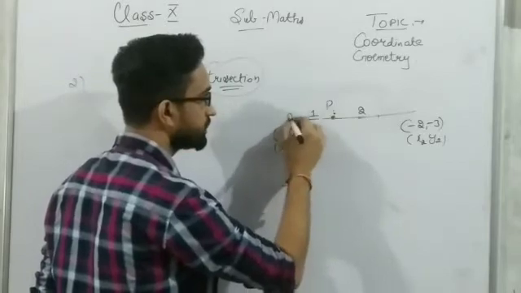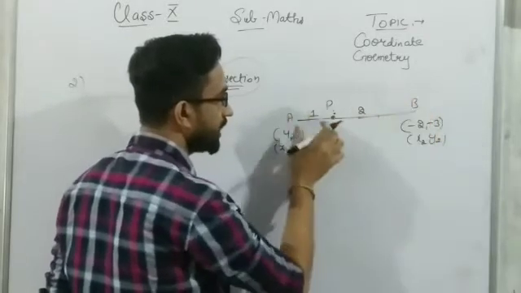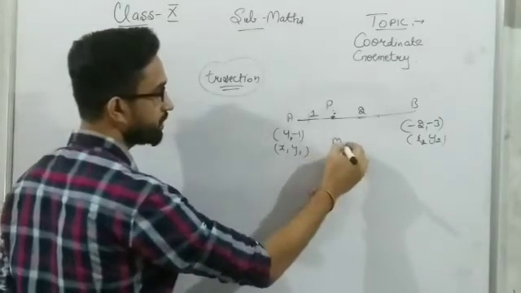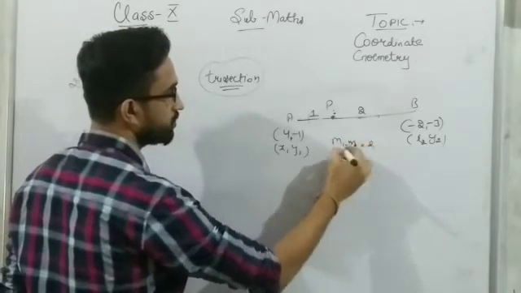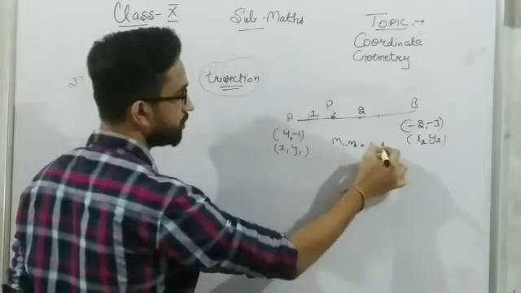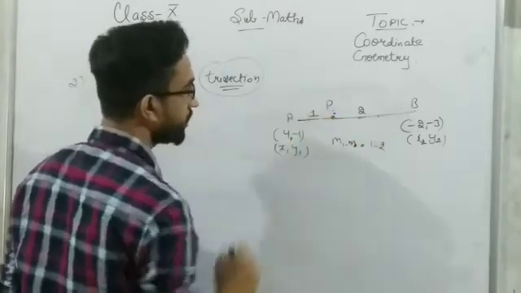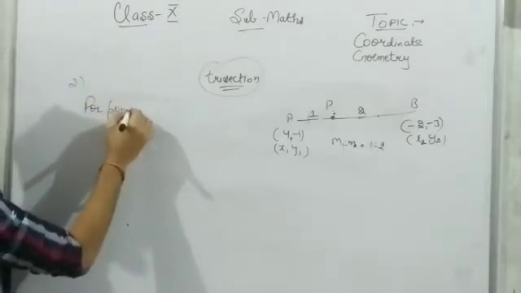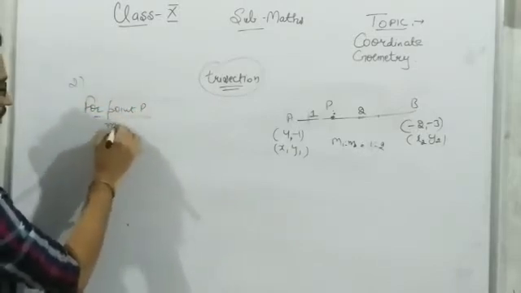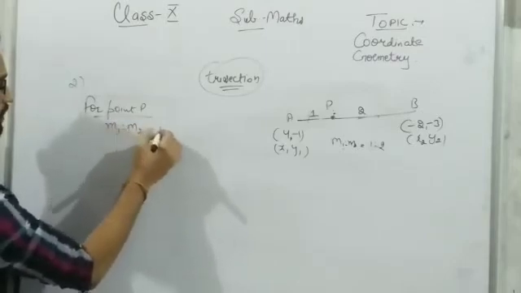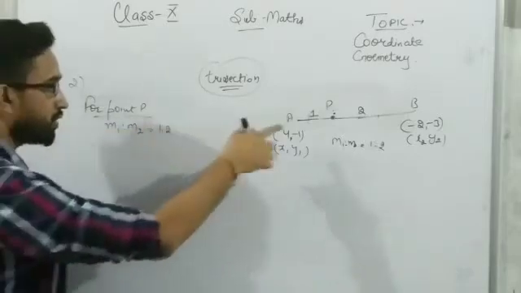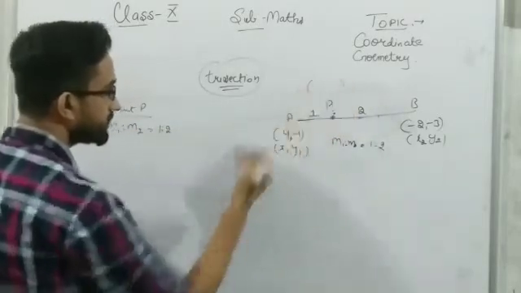Let's say this is A, this is B. AP:PB will be 1:2, and M1:M2 is 1:2 for point P. So we'll put a heading here for point P. M1:M2 is 1:2, right? So if I want to find the coordinates of P now, I can easily find it.